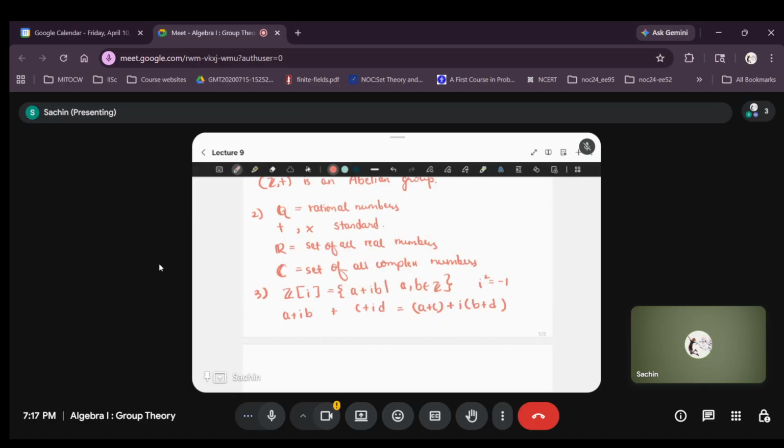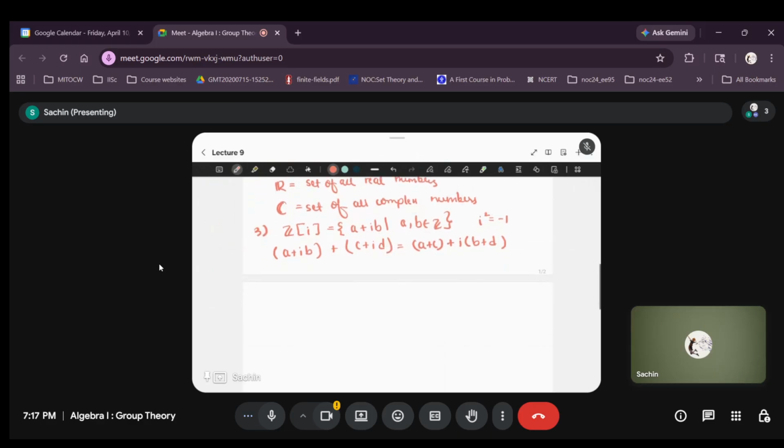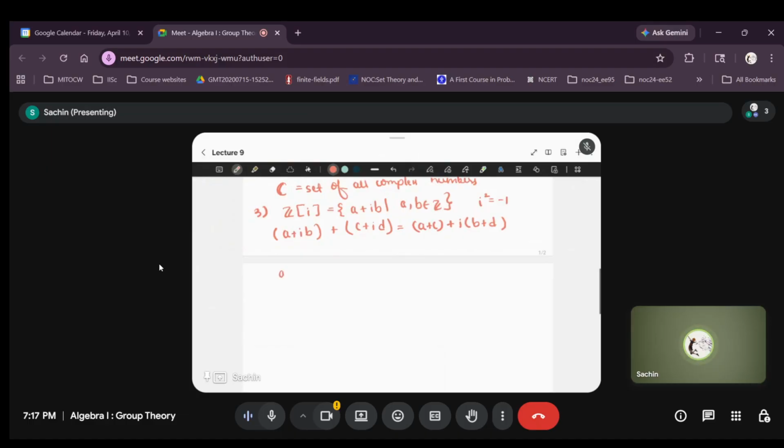If you have doubts, you can verify yourself. But you can verify that Z of i is an abelian group under addition. Multiplication is again: a plus ib times c plus id will give you ac minus bd plus i times ad plus bc.